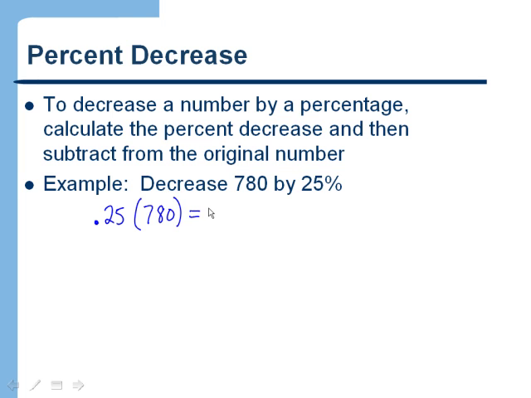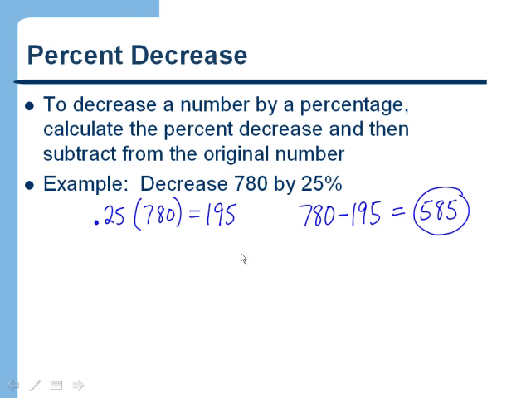And if you work that out, you get 195. And then take that original value, 780, and subtract the amount you're decreasing it by. So 780 minus 195 gives you an answer of 585. And so that's what decreasing 780 by 25% would give you.